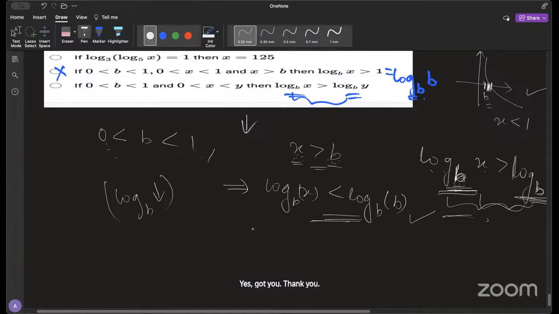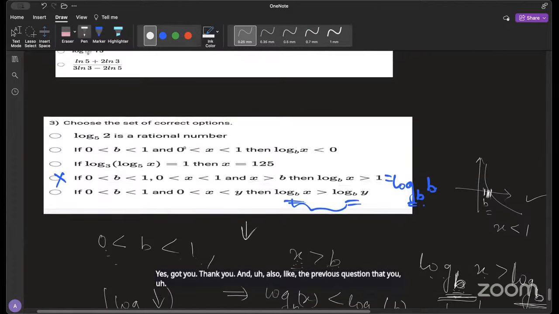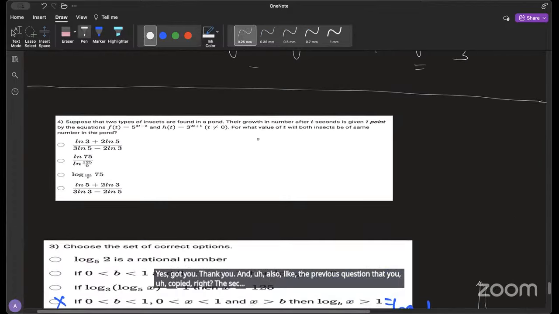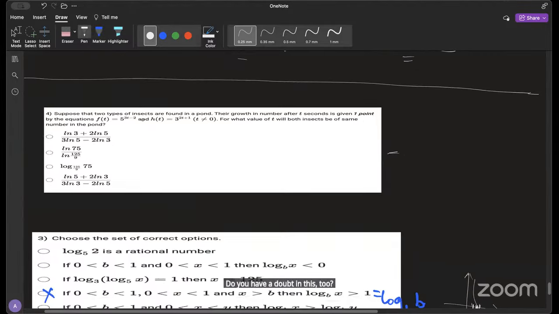Okay. And also, like the previous question that you copied, right? Which one, the third one? Fourth one, sorry, my bad. Yeah, this one, right? You have a doubt in this too? Yes, actually, there are 3 options correct in this.